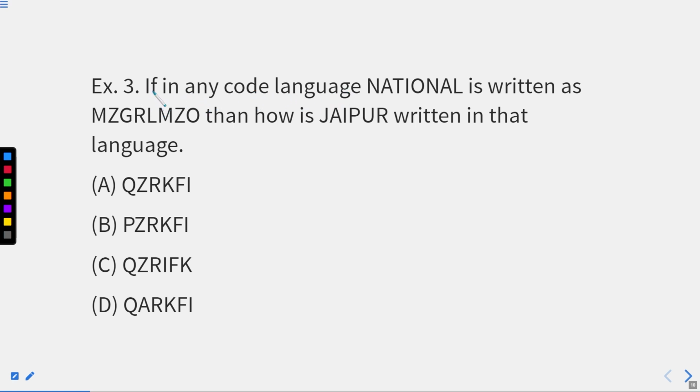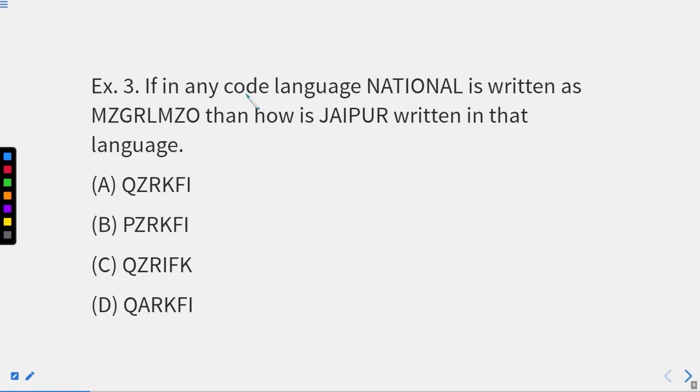If in any code language, the word national is written as M, Z, G, R, L, M, N, L, M, Z, O, then how is the word Jaipur going to be coded, in the same manner as the word national is coded? So again, you have to find the relation of the first letter with the first coded letter, the second letter with the second coded letter. For that, I'll explain something.